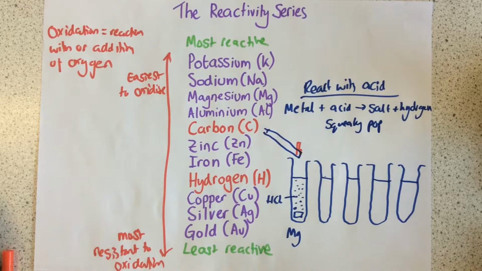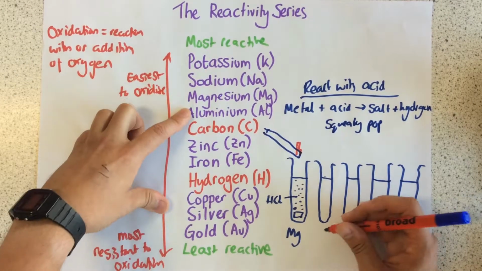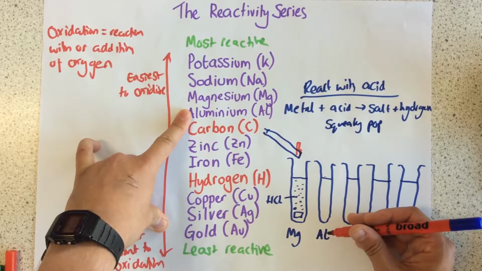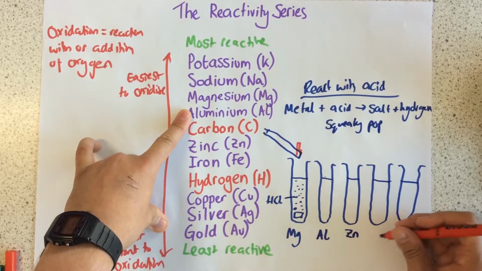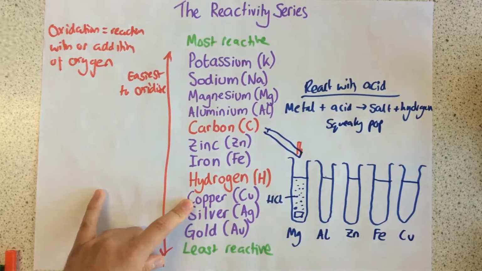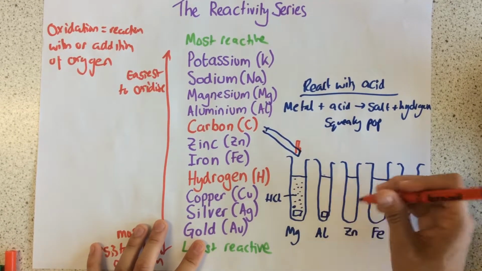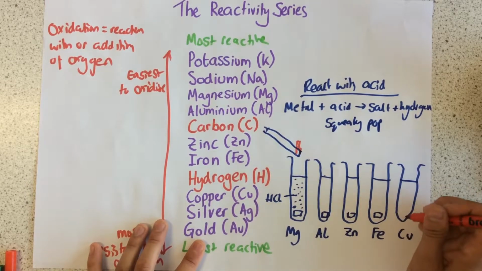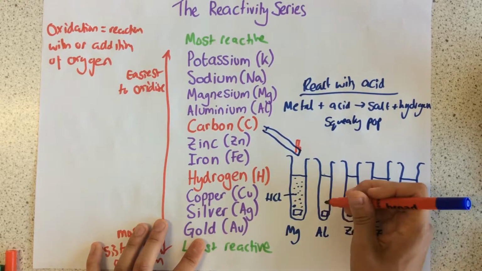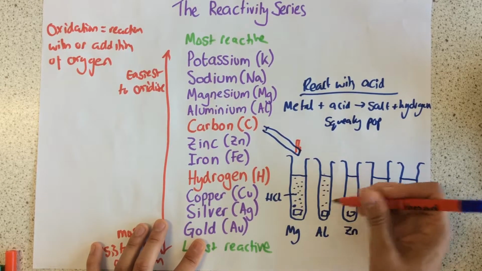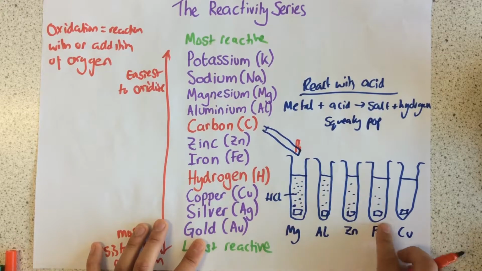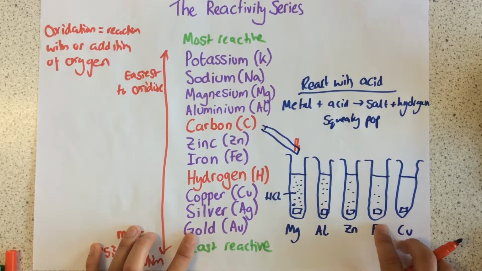So we could test these with different metals. The next one, let's say we've got aluminium, which is 1 down the reactivity series. Then we'll have zinc here, iron here, and in the final one, copper. What we'll find with each of these, let's say each of them is the same strength of acid, the same volume of acid, and the same mass of metal, is that each one will have a slightly less vigorous reaction with hydrochloric acid.